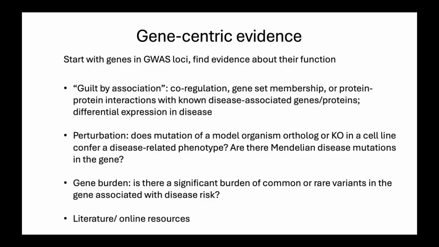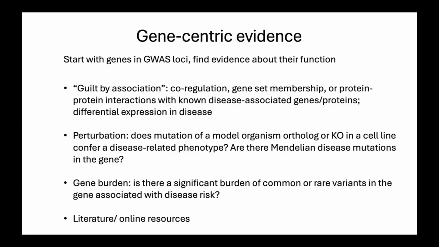Another type of this evidence is perturbational. So if you mutate a model organism ortholog of a disease, or the human gene in a cell line, for example, do you get a phenotype that has some relationship to that disease? And also, are there any Mendelian disease mutations in humans in the gene that cause similar phenotypes to the disease? Another category is gene burden.